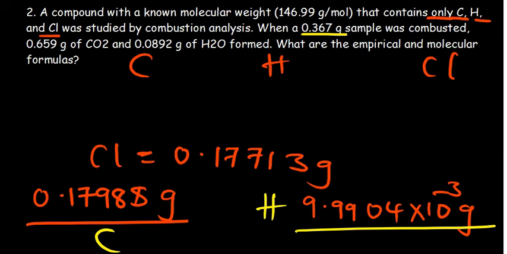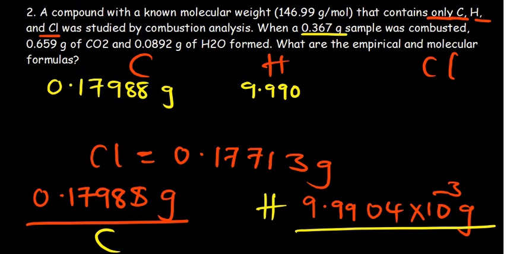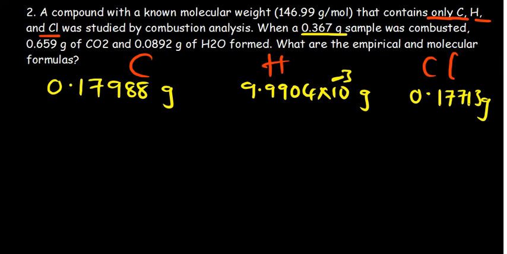So we can now indicate their masses. For carbon, 0.17988 grams. Hydrogen, 9.9904 times 10 to the power negative 3 grams. Chlorine, 0.17713 grams. So since we have the masses, what are we capable of doing? We are now capable of determining the number of moles, by dividing by the molar mass.